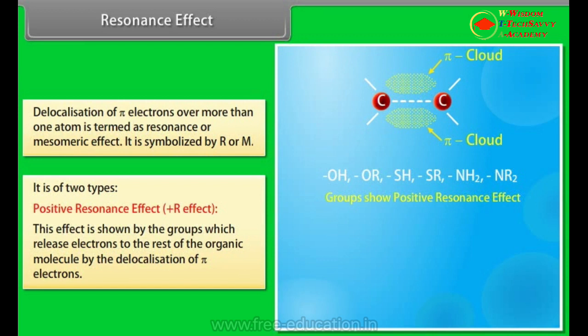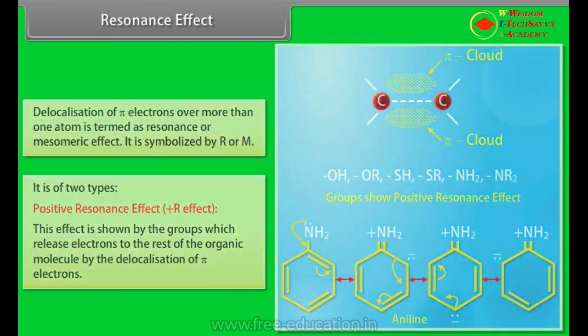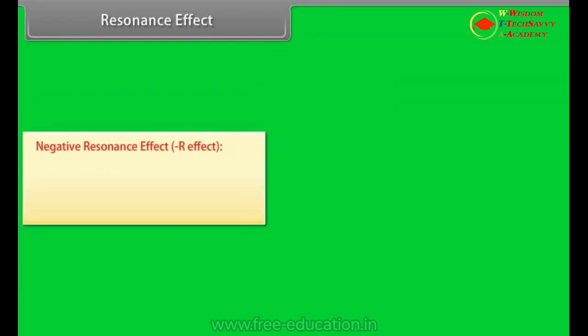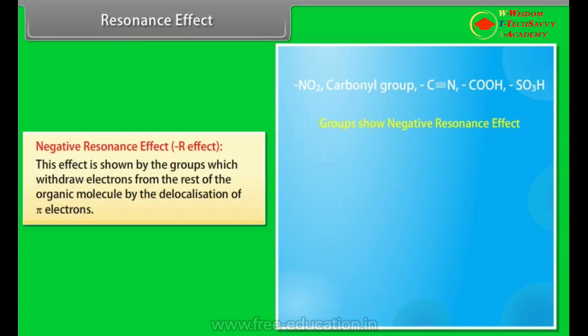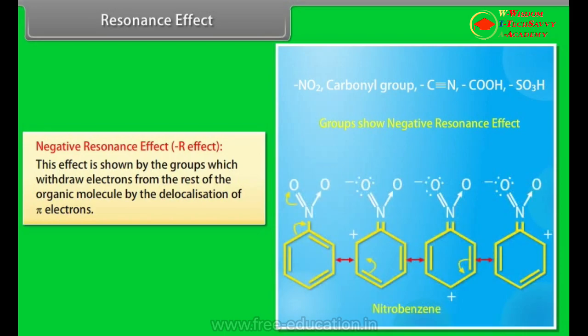This effect is shown by the groups which release electrons to the rest of the organic molecule by delocalization of pi electrons. For example, aniline. Negative resonance effect, negative R effect. This effect is shown by the groups which withdraw electrons from the rest of the organic molecule by delocalization of pi electrons. For example, nitrobenzene.